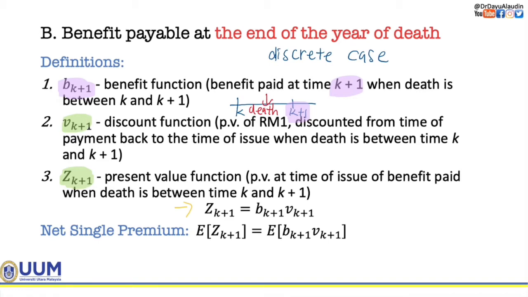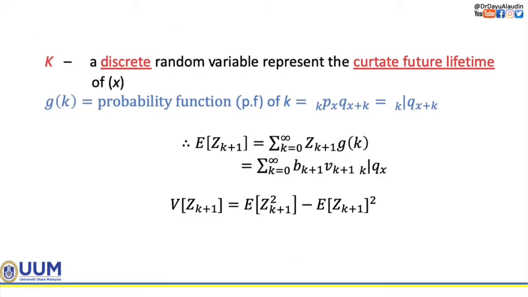And same as for benefit payable at the moment of death, the NSP is the expected value of the present value function, which includes B(k+1) and V(k+1). So K is a discrete random variable representing the curtate future lifetime of X. So gK is the probability function of K, where it is kPx qx plus k.